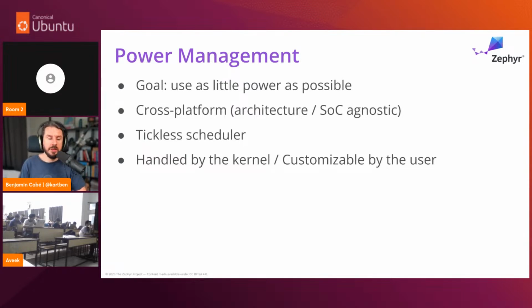What that will effectively mean is that in the background, there will always be some power management daemon going on and paying attention to what are the different tasks running in the system.